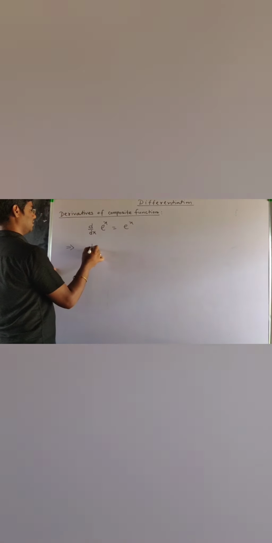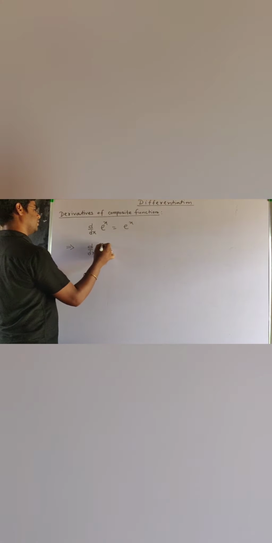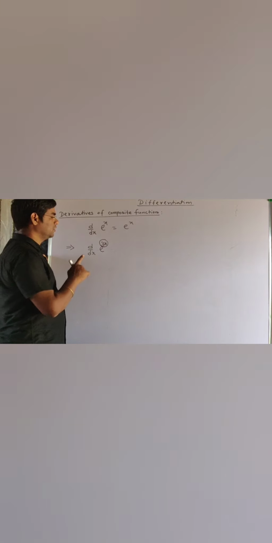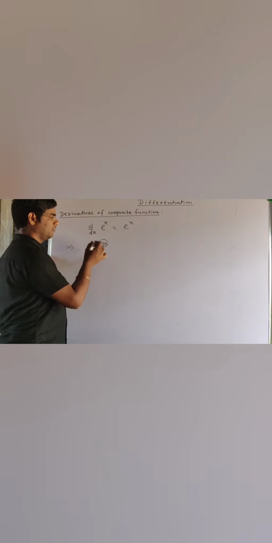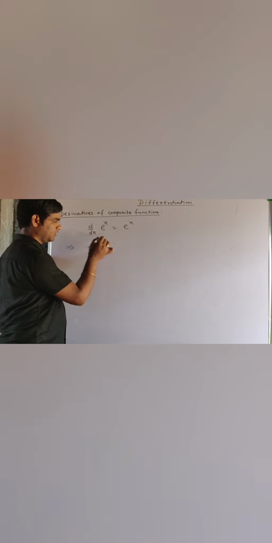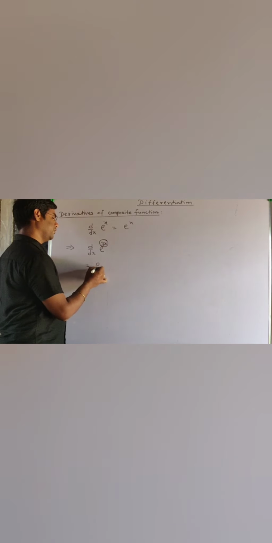If we replace x by some other term, for example let us take 3x. Here we have replaced x by 3x. So 3x is known as composite function, and for differentiating composite function again you have to differentiate the term which we have replaced x by. Derivative of e raised to x is e raised to x only, but instead of x we are writing 3x.